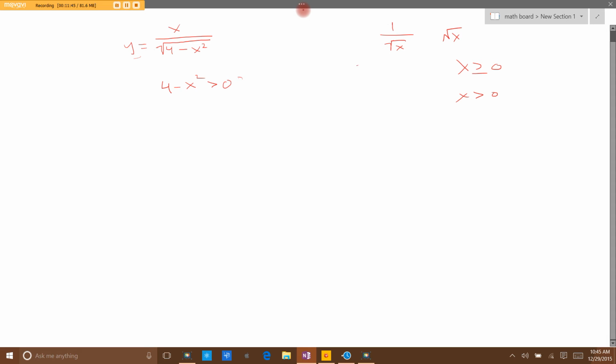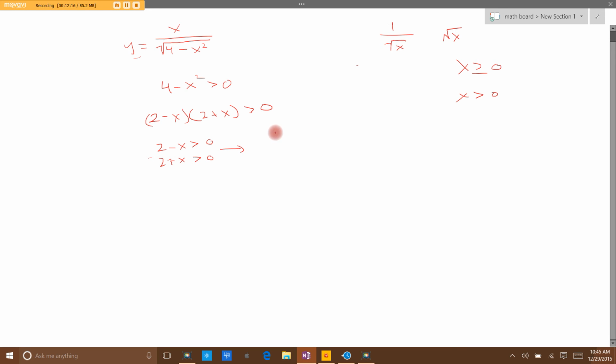Now, it's really messing up. This is scaring me. So we can solve for this. We can actually just factor this out. 2 minus x, 2 plus x, greater than 0, and then solve for each. So it'll be 2 minus x greater than 0, and 2 plus x greater than 0.